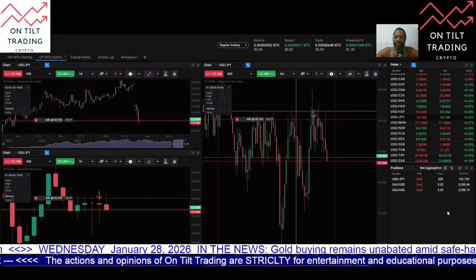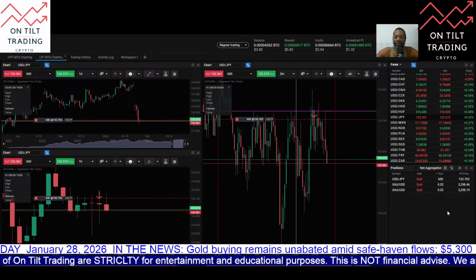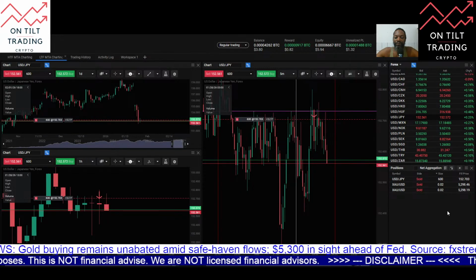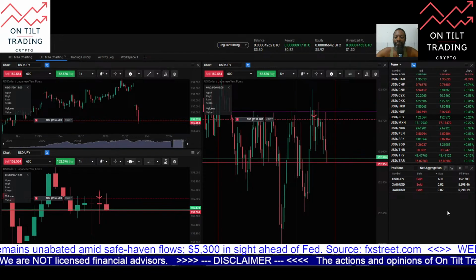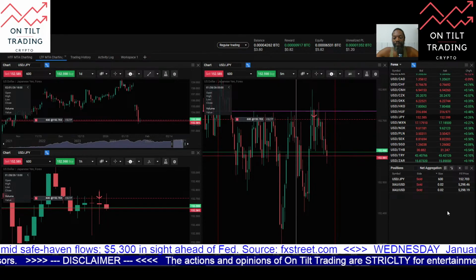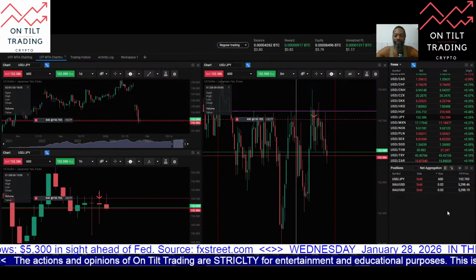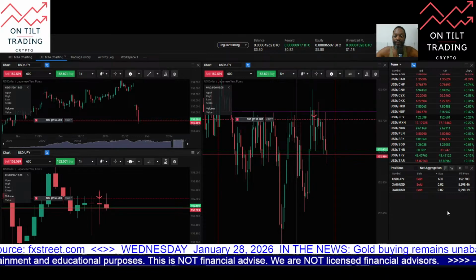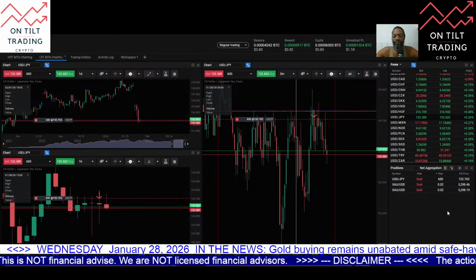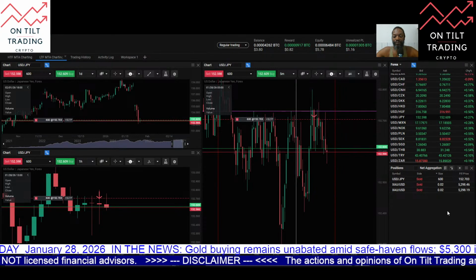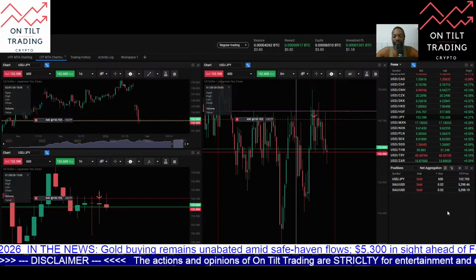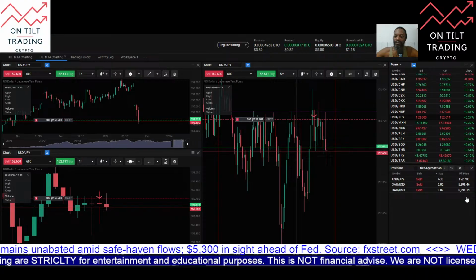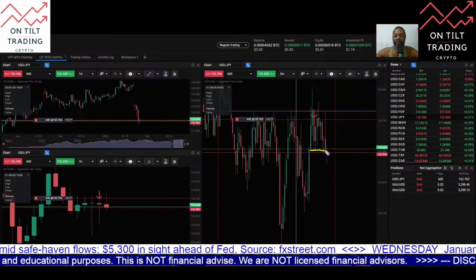Price trading at the 152.560 level, testing the break of structure level. 152.600, a deeper retest up to this upper level here, this previous swing here.